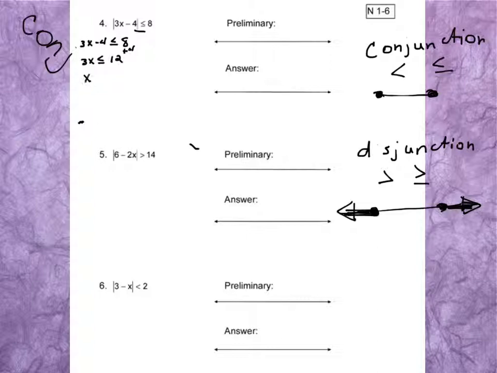And then dividing by 3, x is less than or equal to 4. Now the trick on these inequalities is for your negative choice, you're going to have to reverse the sign because that's basically you've multiplied through by a negative. So for your negative choice, you have to remember, reverse the sign.